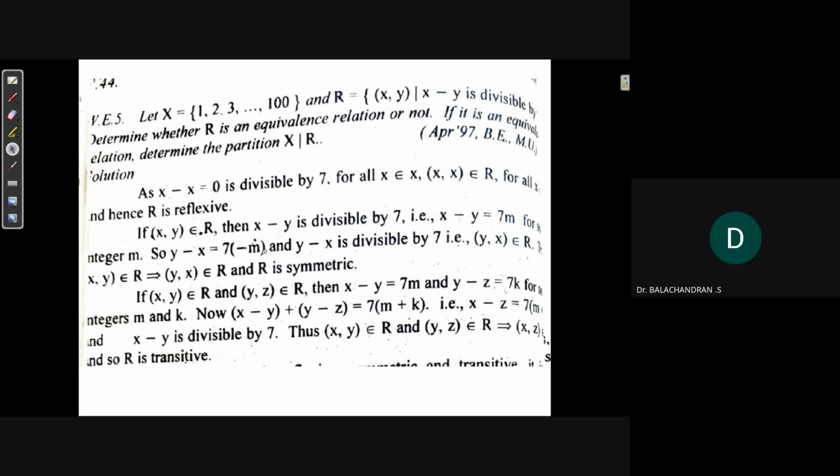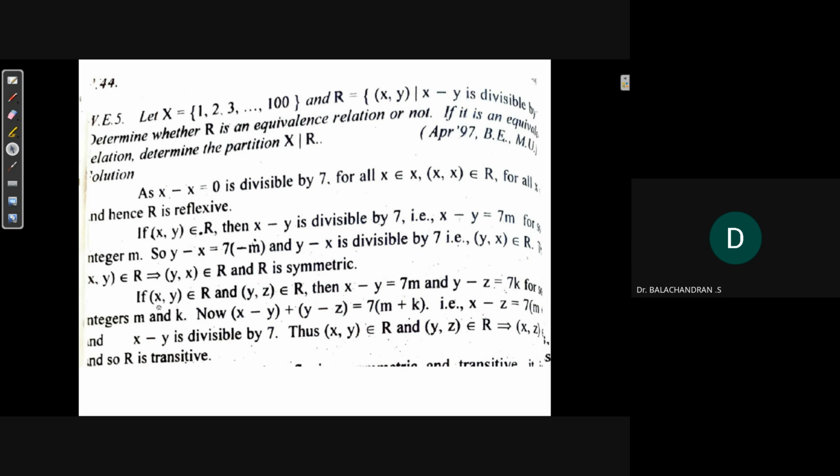It is better to write 7 into minus m, because it is divisible by 7. So y minus x is divisible by 7, and y comma x is in R. So whenever (x, y) is in R, this implies (y, x) is also in R. That's why it is symmetric.